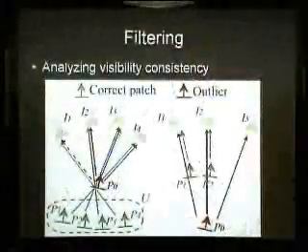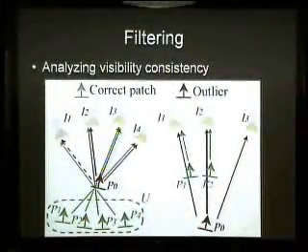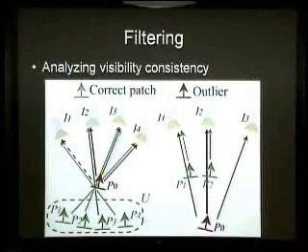We use image I4 to compute photo consistency, which means patch P1 thinks it should be visible in camera I4, but P0 is blocking. And patch P2 thinks it should be visible in camera I3, but patch P0 is blocking. So there are a couple of patches with conflicting visibility information.